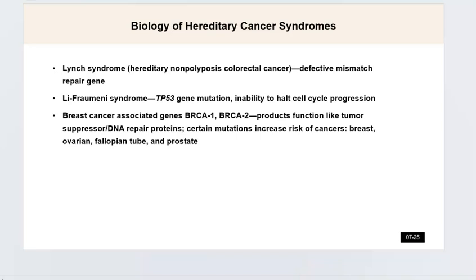And so when those go awry, we can get Lynch syndrome. Microsatellites are short DNA sequences that may be altered due to mutations in the mismatch repair genes, and that may result in genomic instability called microsatellite instability. And you may hear of this especially in the colon cancer world.